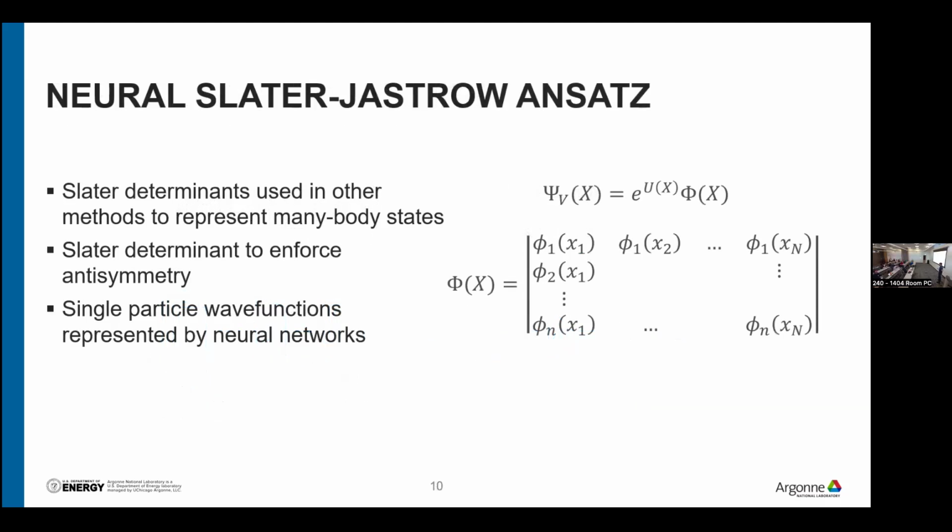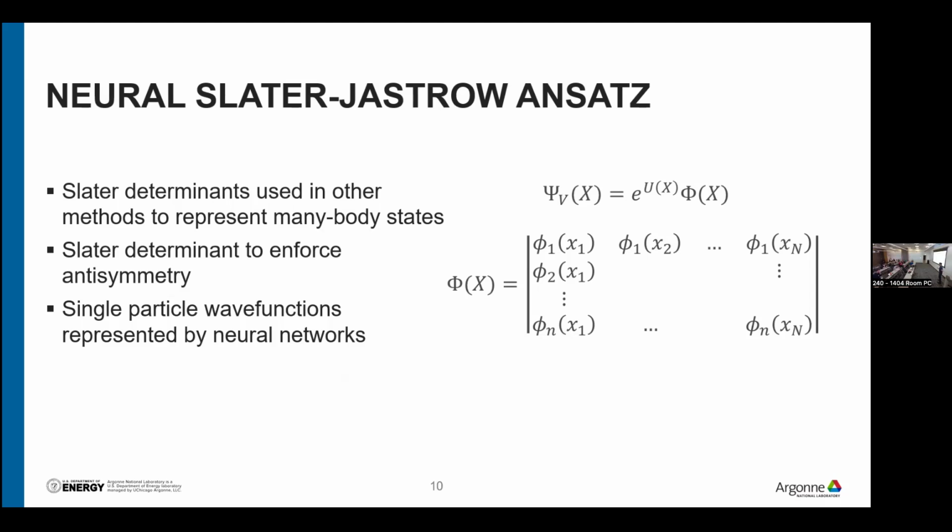For the anti-symmetric portion, the simplest thing to do would just be to look at what other methods have done. So a Slater determinant is probably the simplest way you could easily get something anti-symmetric in all of your coordinates. In general, a Slater determinant will have single particle wave functions, phi_i's, in all the rows, and the coordinate inputs in all the columns.